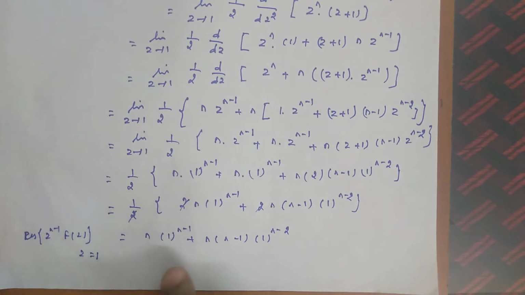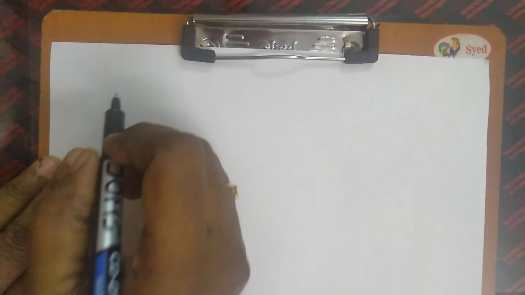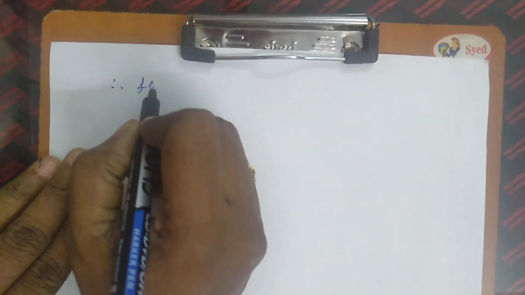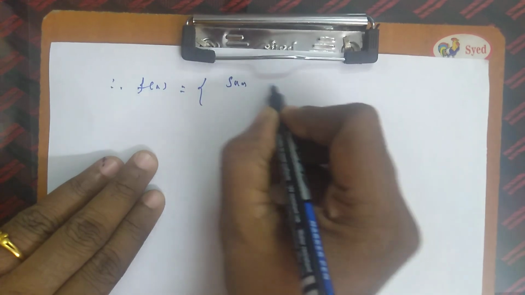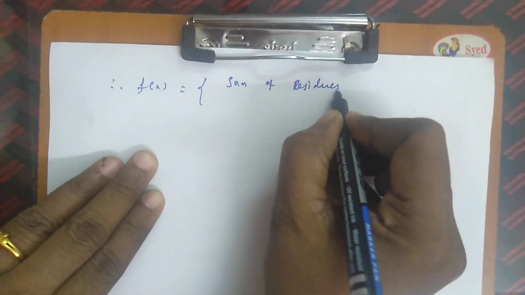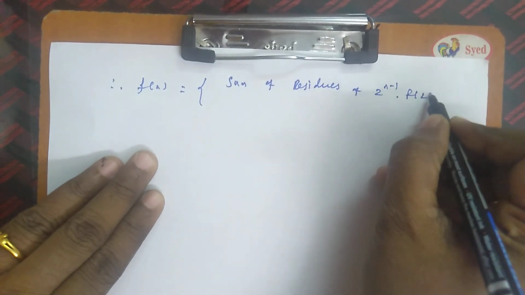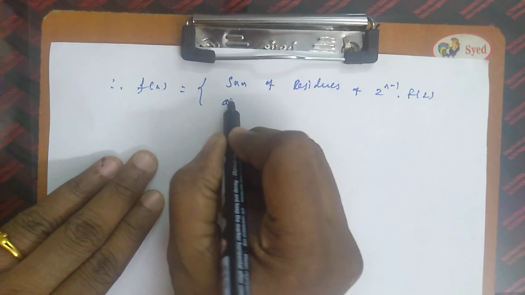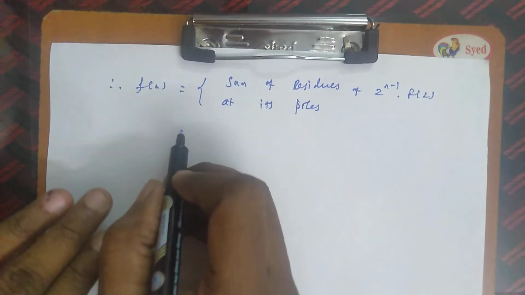So this is the residue at the point z equal to 1. Therefore f of n is equal to, what is the formula? By residue theorem, the sum of residues of z power n minus 1 into f of z at its poles. This is the formula for f of n.